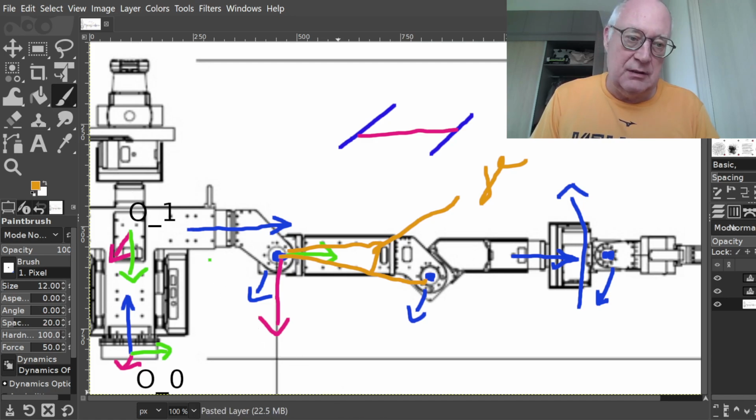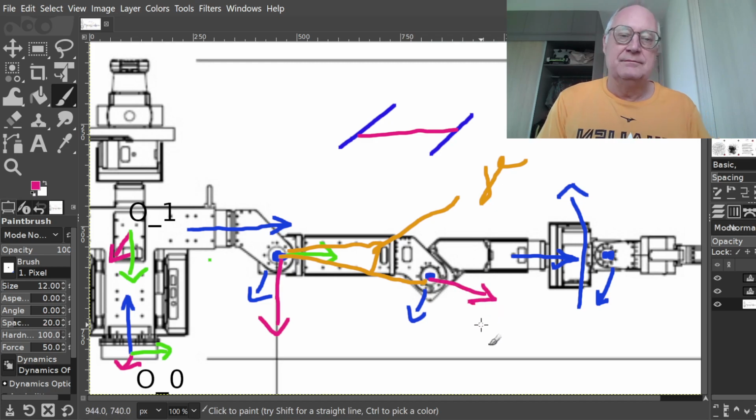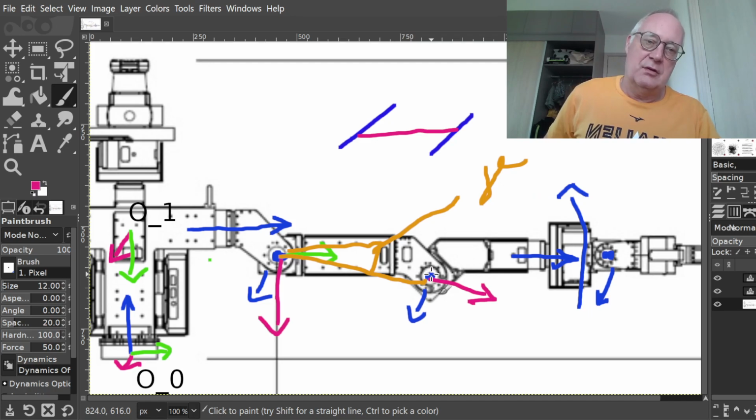But our x-axis has to be pointing this way then. Right? So in this case, that coordinate system is not aligned with the world coordinate system.